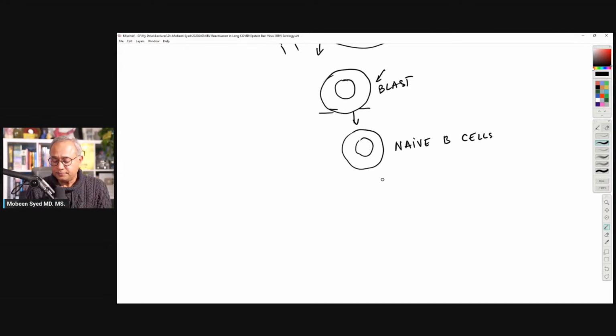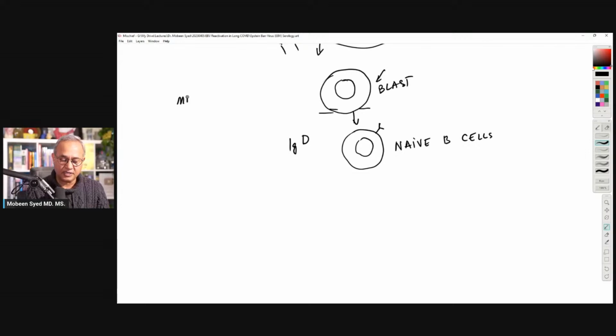The naive B cells, when they're produced, they produce naturally immunoglobulin D. And normally this immunoglobulin D sits on their surface and acts as a receptor for them. So the way I remember the classes of immunoglobulins that these cells make is this way.